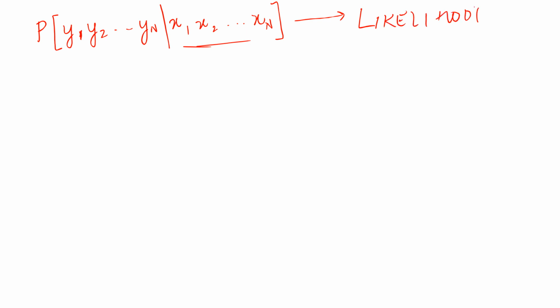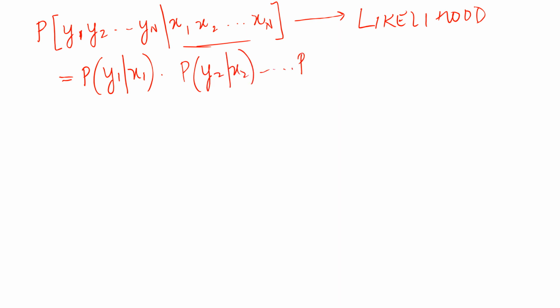And okay, so now because we said my data is independent and identically distributed, these probabilities can also be written as probability of y1 given x1, right, from the fundamental law of probability, the law of independence, right? So this is y2 given x2, so on up to probability of yn given xn, right?